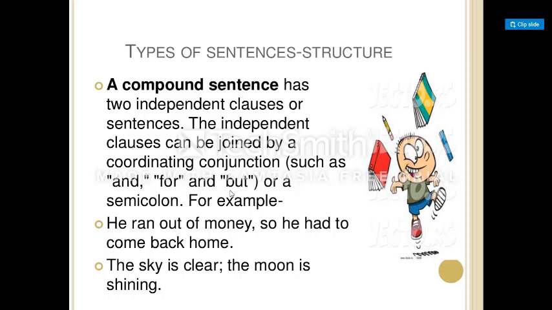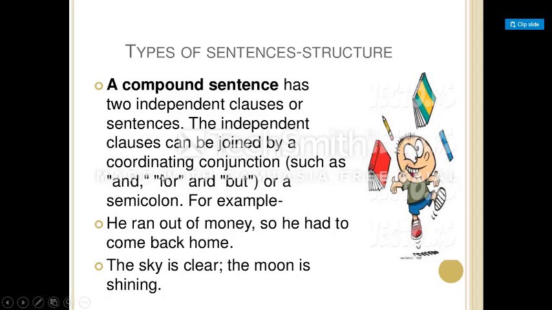F stands for for, A for and, N for nor, B for but, O for or, Y for yet, S for so, right? If a sentence has these conjunctions, they are called coordinating conjunctions.